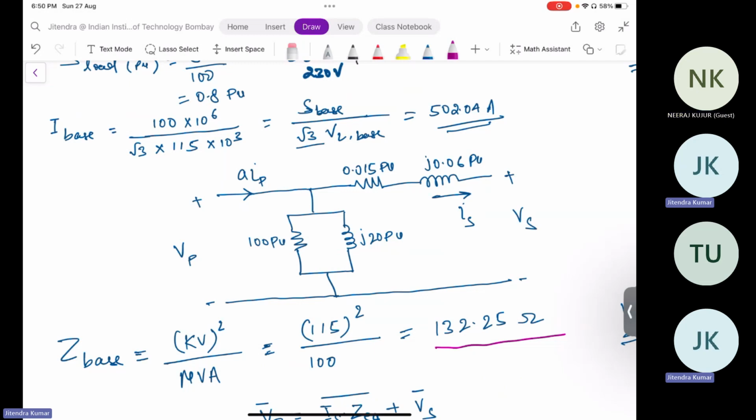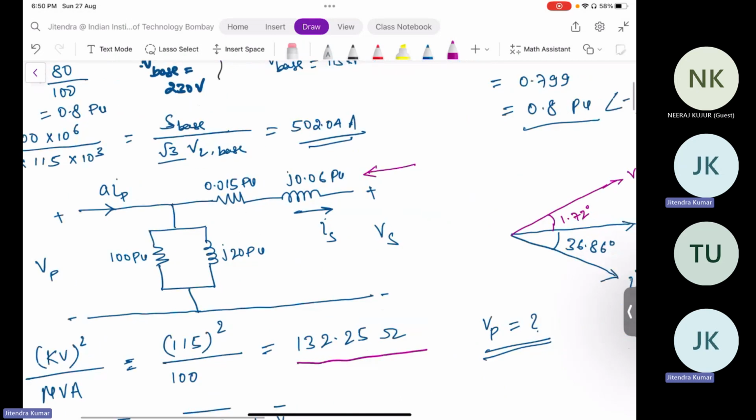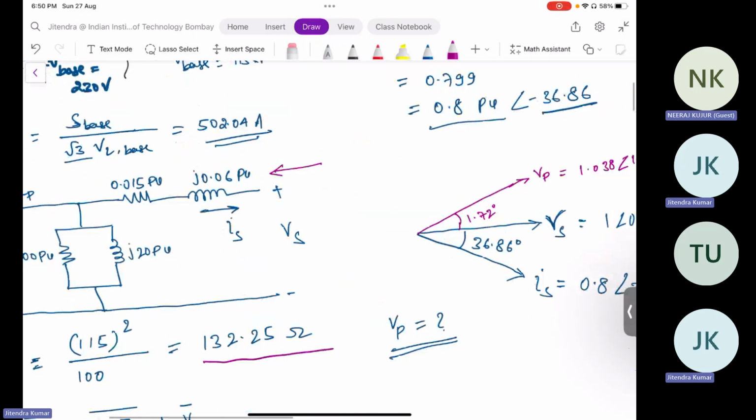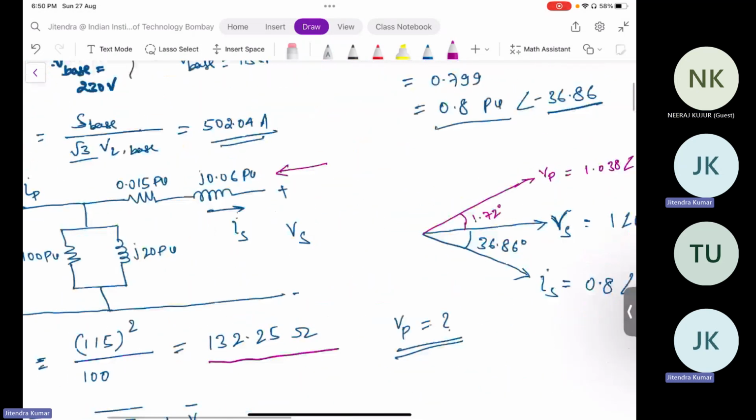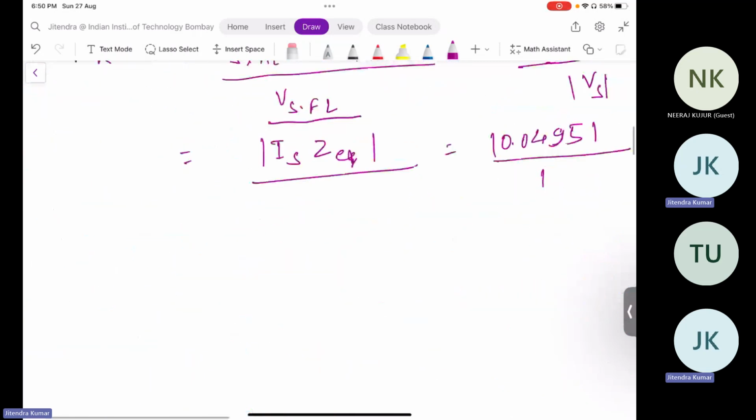Now we will proceed from the right hand side to the left hand side. Our secondary reactance, let us find out.